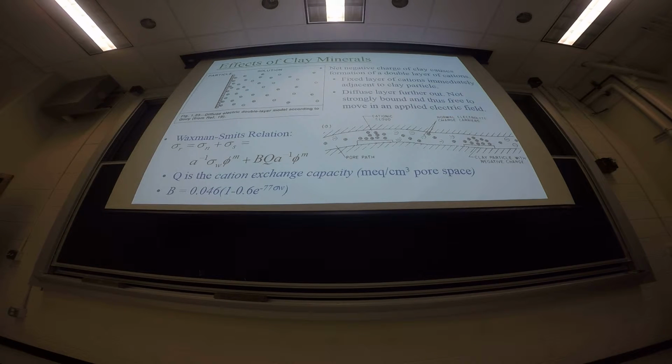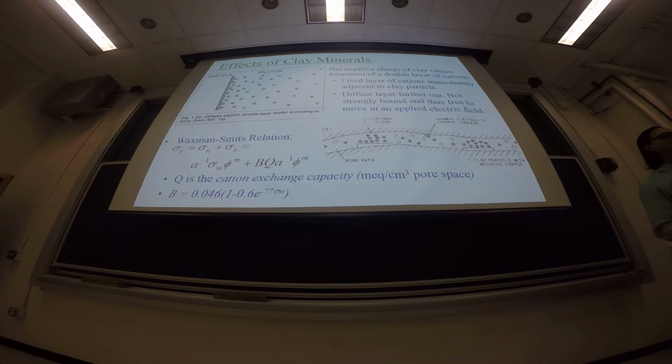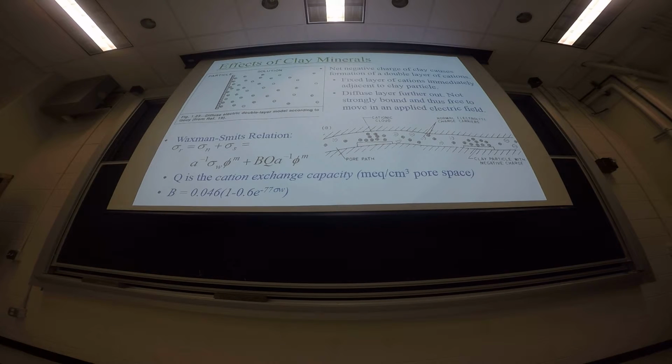In many cases, even if you have a good porous sandstone, the shales will be less resistant than the sandstones, just due to the fact that they have these cation clouds being formed, because it's basically formed from pure clay with imperfection.